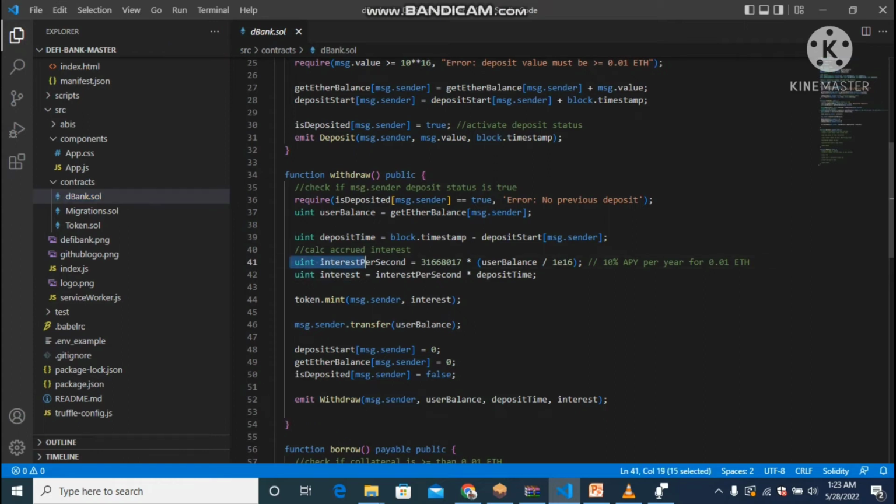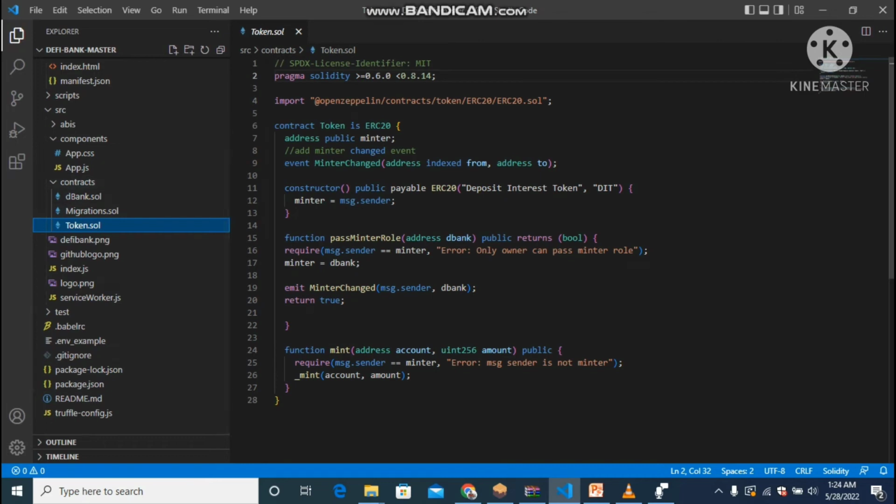Here you can see the interest per second is given to the customer according to the time when they deposit the ether into the address of the contract, and by the time they withdraw the ethers from the contract, it will come out with the interest that we have given to them using ERC20 tokens.